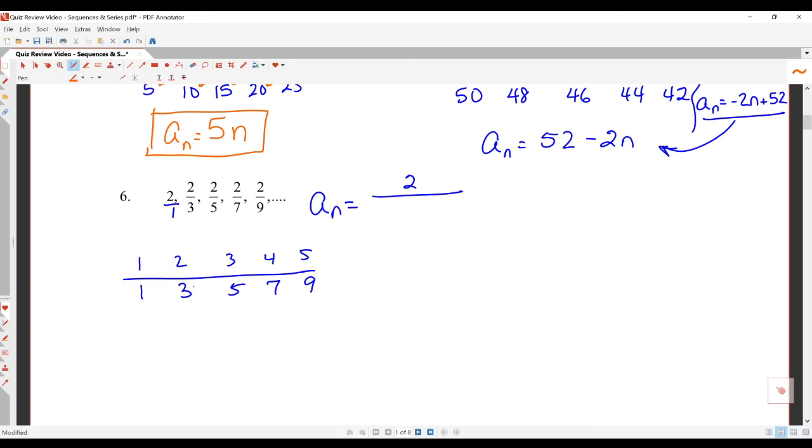And so what I hope to see is that if you double them, so double 5 gives me 10, then take 1 away. Double 4 gives me 8, take 1 away. Double 3 gives me 6, take 1 away. And so we get 2n minus 1 in the denominator.